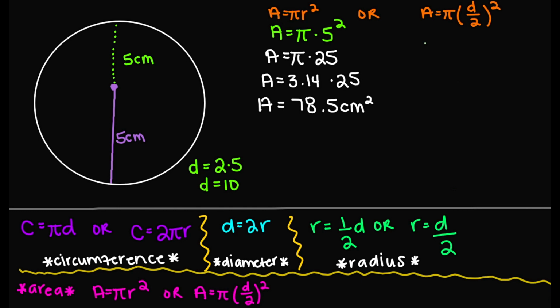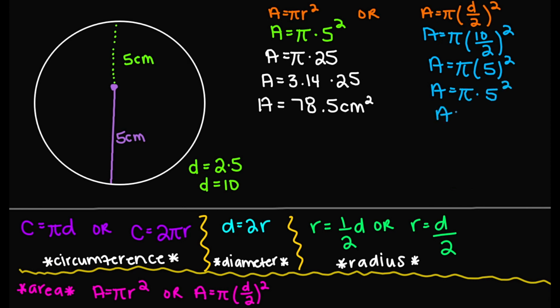Now let's look at this formula here on the right. So let's say that your area equals pi times your diameter. My diameter is 10. Divide that by 2, and I'm also going to square that. So we have A equals pi. 10 divided by 2, this is going to equal 5, and that's going to be squared. So you have A equals pi times 5 squared.